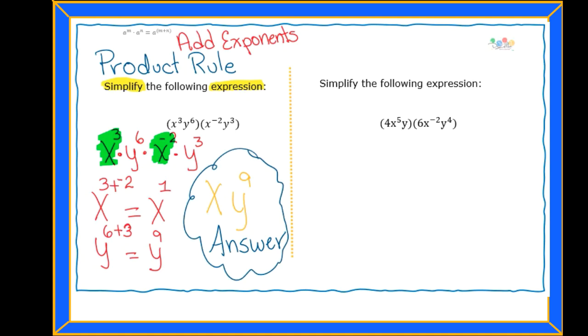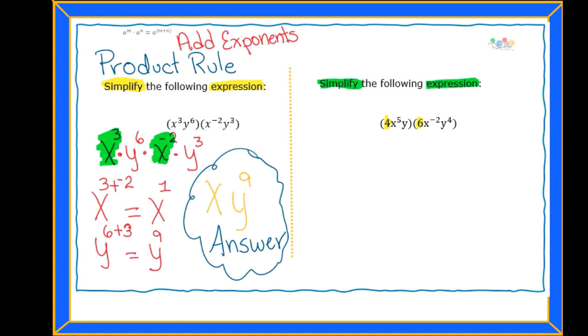Let's go on to the next problem. The question says, simplify the following expression. Now, I don't know if you noticed, but it kind of gets more complicated as we move on, right? Because this one has a coefficient. Do you guys see that? There is a coefficient right here, which is 4, and a coefficient that is a 6.